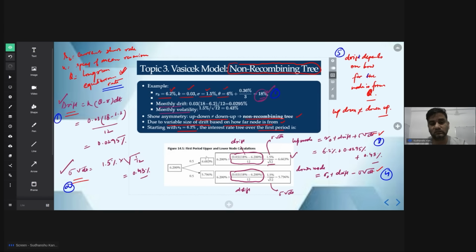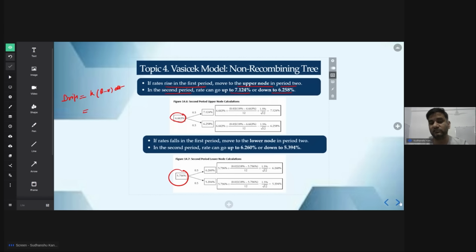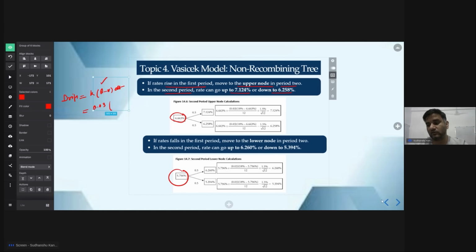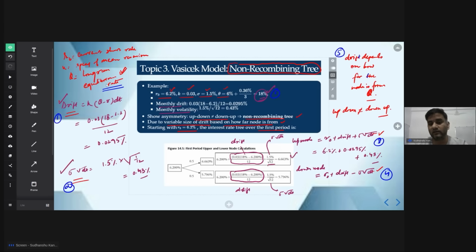Earlier, when we calculated 0.03, sorry, not monthly drift, k was your speed of mean reversion. k is 0.03. Here also the speed of mean reversion doesn't change, so k stays the same, 0.03. But theta was your long run equilibrium rate.